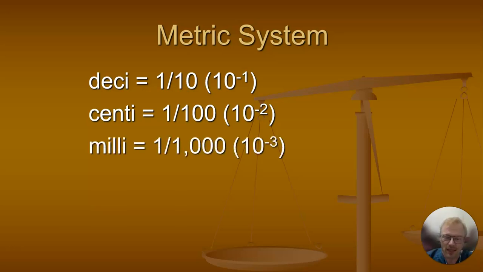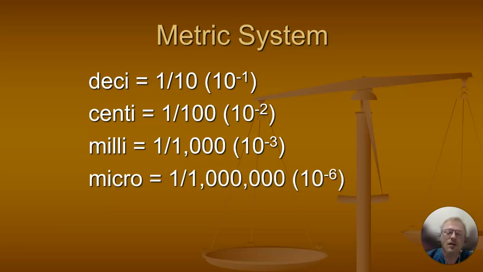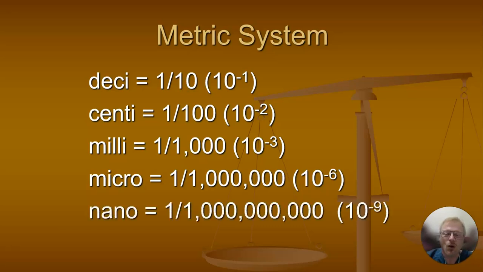A milli, or a millimeter, is 1/1000th of a meter. Micro is 1/1,000,000th. So a micrometer is 1/1,000,000th of a meter. And nano is 1/1,000,000,000th. So we start talking about little teeny tiny things.